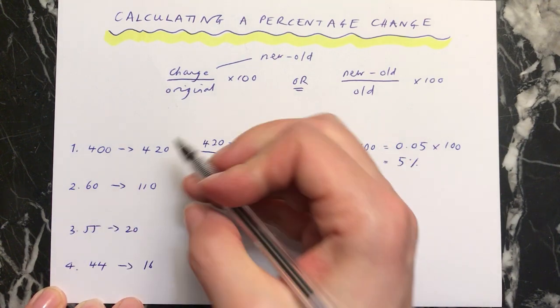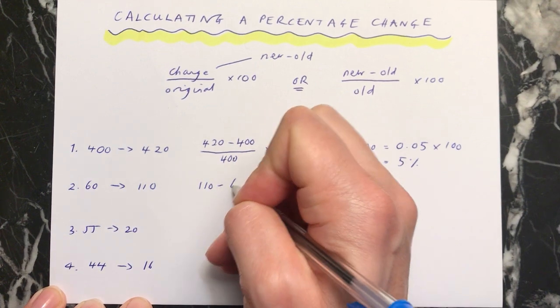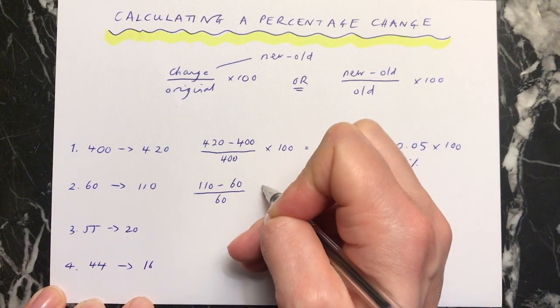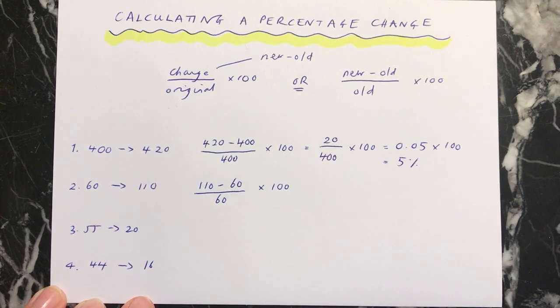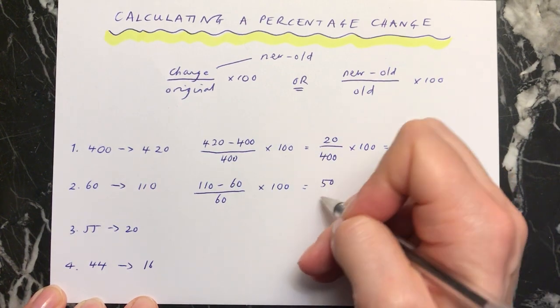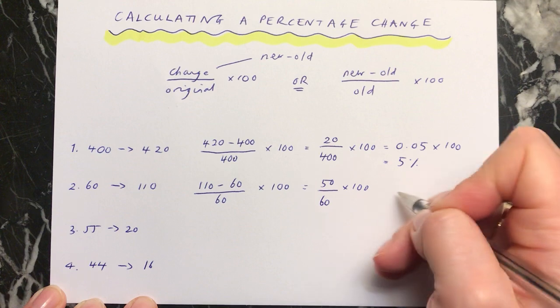The next one, this will be 110, take away 60, over your original figure, 60, times 100. And that will equal 50 divided by 60 times 100.